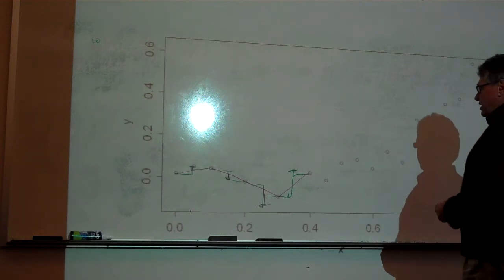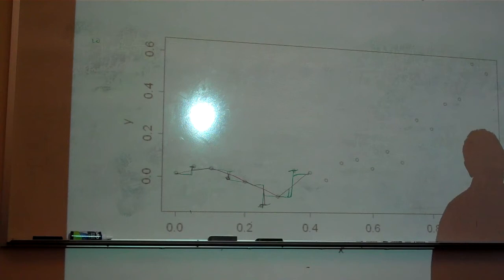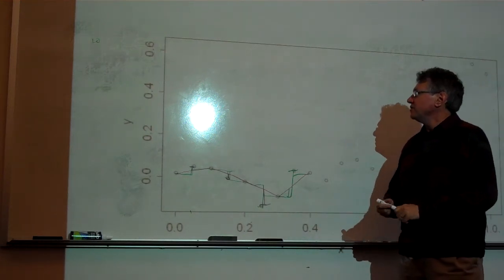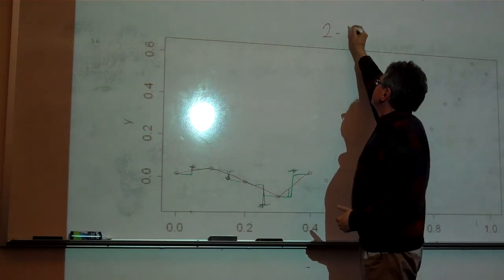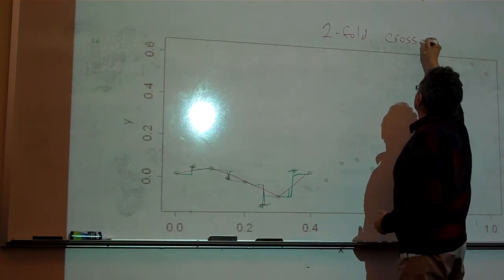Okay, and typically we wouldn't take out an evenly spaced set of points as our training data set. We would basically pick half the points at random. This is what we called twofold cross validation.